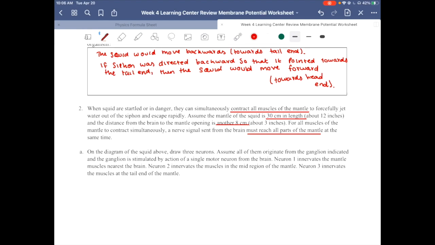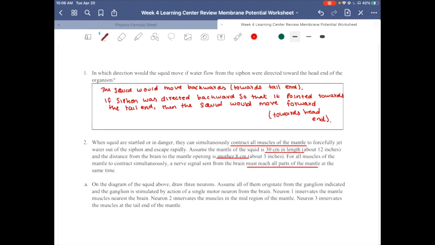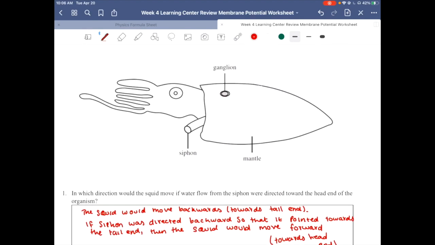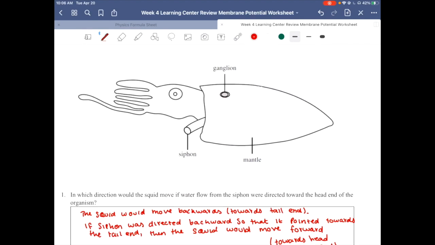The first neuron we're going to draw is going to innervate the mantle, the second one is going to be in the mid region, and the third one is going to be at the tail end. A way that we can draw this, they wanted us to start from the ganglion here, and then draw the first neuron.